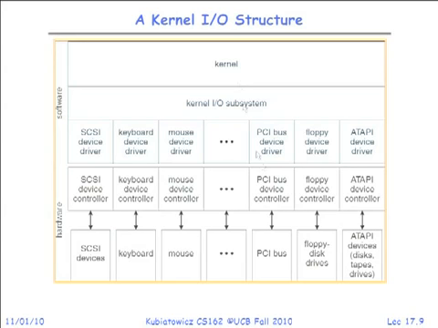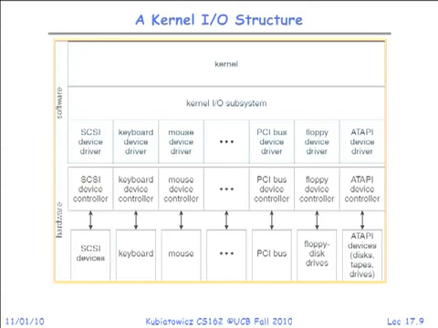Inside that subsystem is where the device driver fits. Every one of the device drivers that you load that's going to talk to a device has to meet a certain interface so that you can use that device no matter how it works.